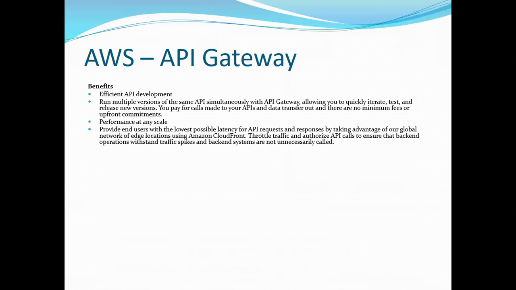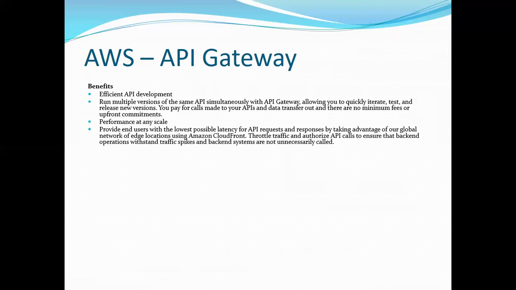Okay. Performance at any scale. This is one of the great features AWS has. It provides the end user with the lowest possible latency for API requests and responses by taking advantage of our global network of edge locations using Amazon CloudFront.